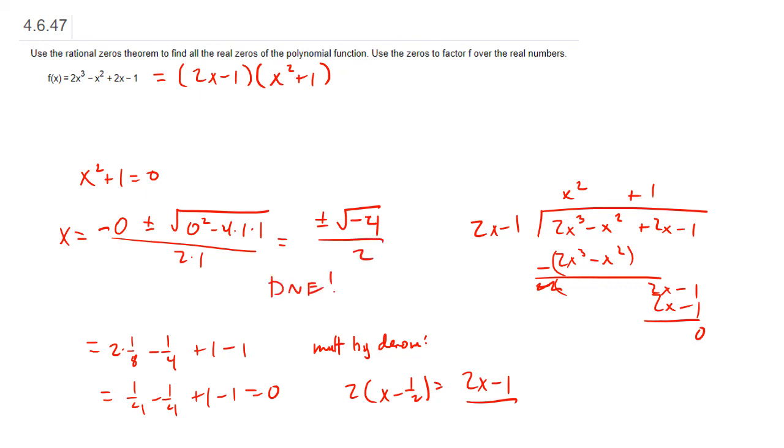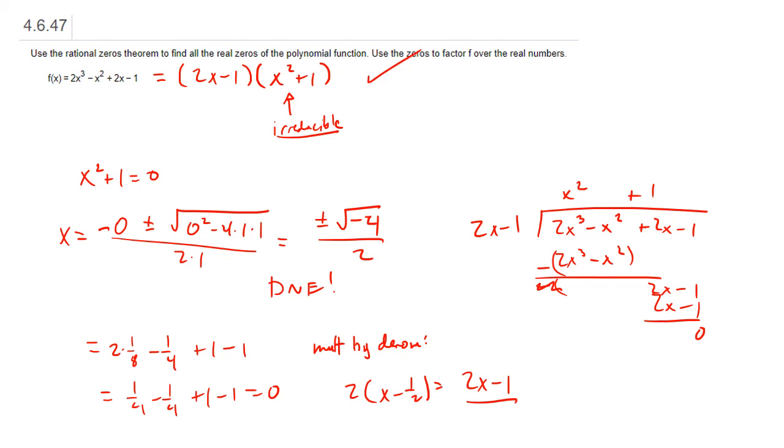I have a negative quantity under that square root sign. I have what's called a negative discriminant. So this has no roots, which means x squared plus 1 cannot be factored anymore. This is what's called an irreducible quadratic. It can't be factored anymore because it doesn't have any roots, so we're done.